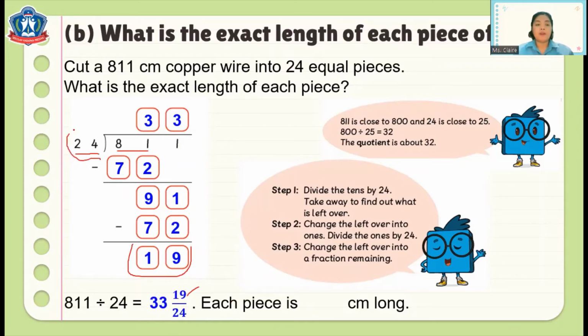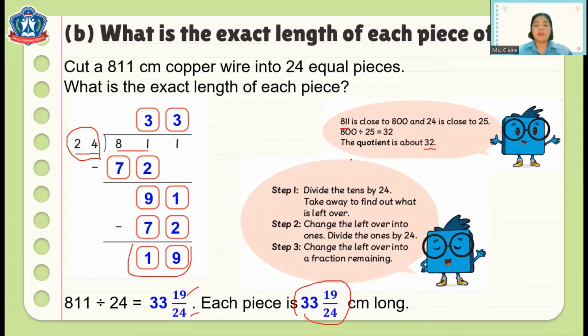The 24 here becomes our denominator. So each piece is 33 and 19 out of 24 centimeters long. So this quotient is about 32 if we round, because 811 is close to 800 and 24 is close to 25.